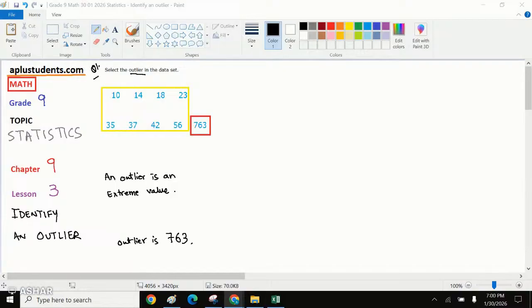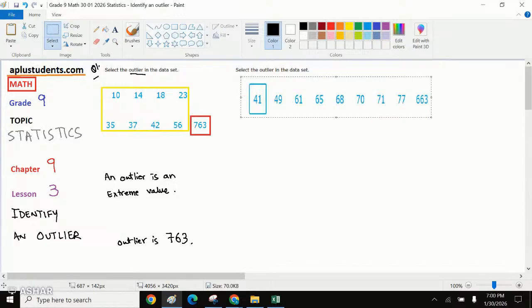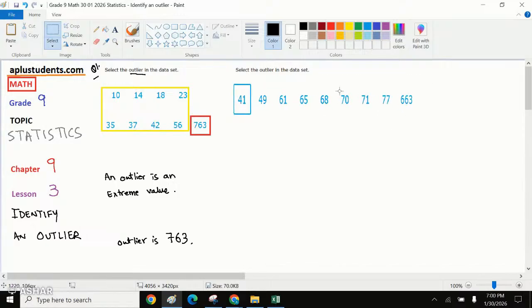Let's see question number 2. If this is the information that has been provided to us, we need to find an outlier. So can we say that the first number, 41, is closer to 49 and so on, right? Let's look: 41, 49, 61, 68.